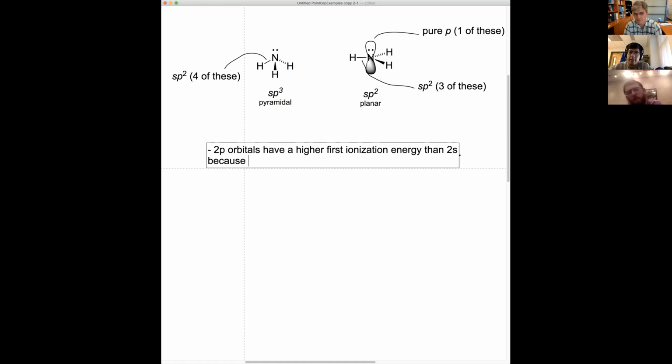Because they interact less with the nucleus. Yeah, because of nuclear shielding. S penetrates to the nucleus. So because s penetrates to the nucleus, electrons that are in an s orbital are lower in energy.